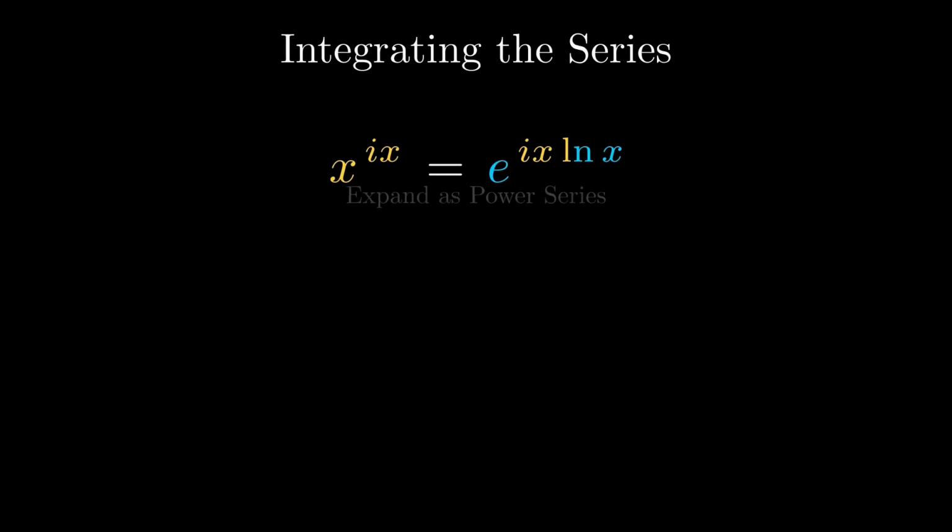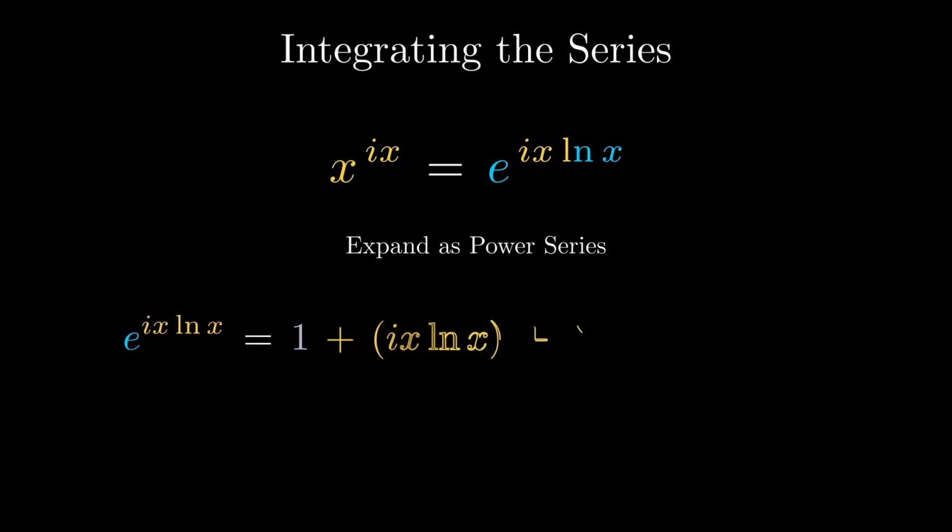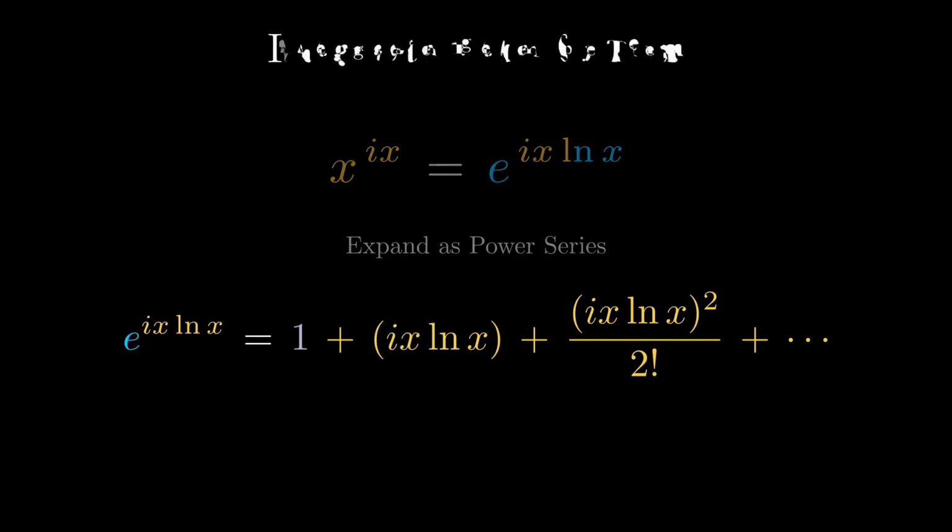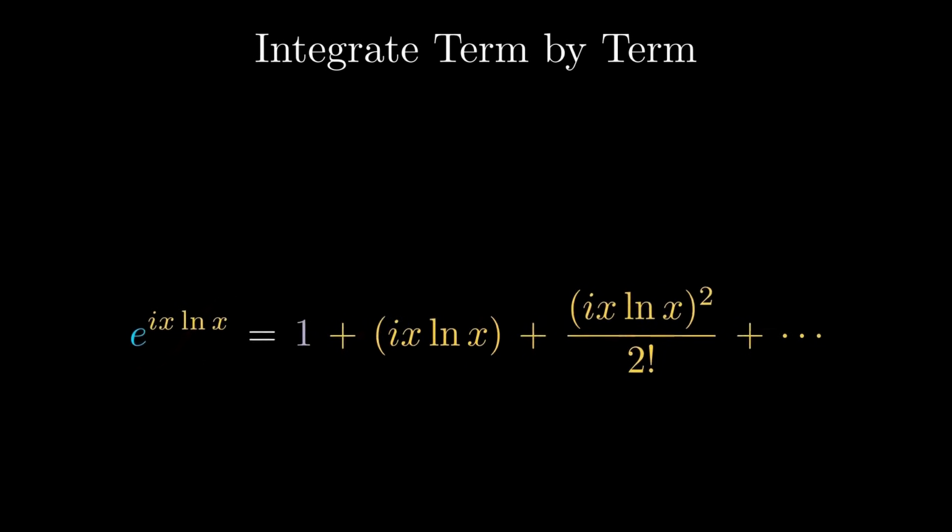Integrating the series is where this problem stops looking mysterious and starts looking structured. Start with the identity, x to the ix equals e to the i times x times natural log of x. Now expand the exponential as a power series. e to the ix ln x becomes 1 plus ix ln x plus the quantity (ix ln x) squared over 2 factorial plus more terms.